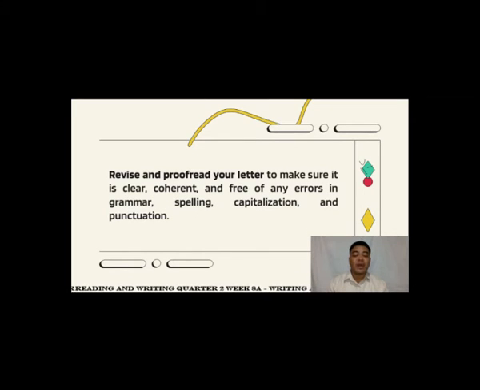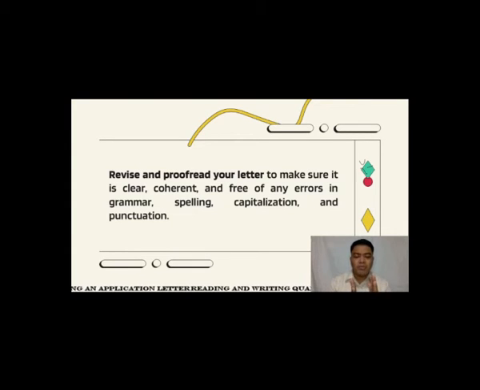Revise and proofread your letter. So, you have to revise and proofread your letter to make sure it is clear, coherent, and free of any errors in grammar, spelling, capitalization, and punctuation. Okay?